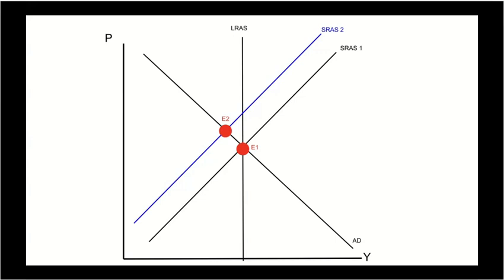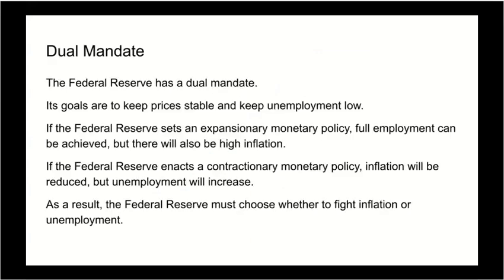Now, let's see what's next. So the dual mandate, the Federal Reserve has a dual mandate. Its goals are to keep prices stable and keep unemployment low. If the Federal Reserve sets an expansionary monetary policy, full employment can be achieved, but there will also be high inflation.